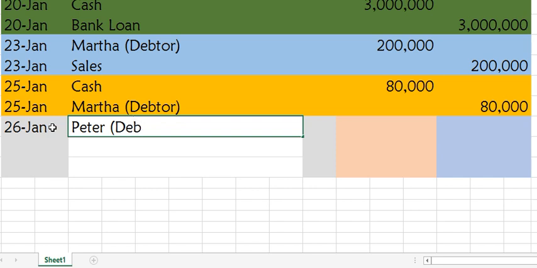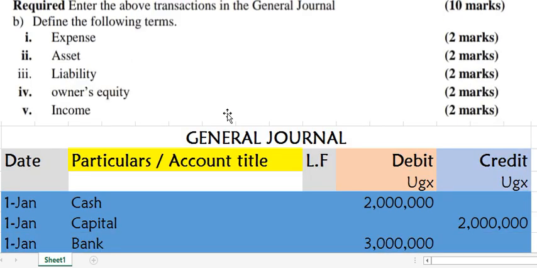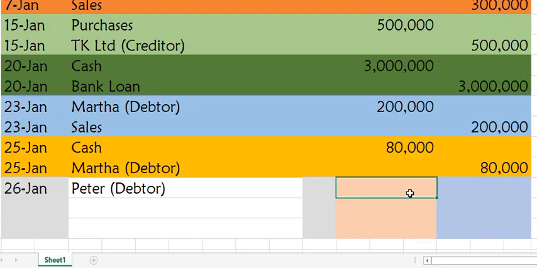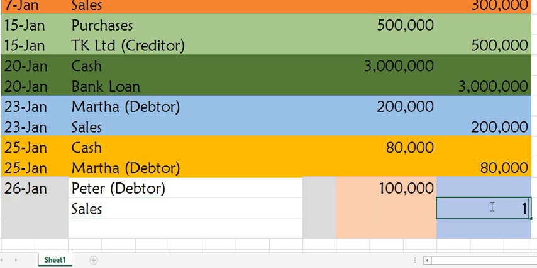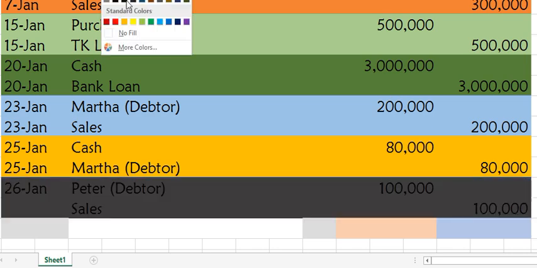The goods sold were worth 100,000. Since this is a sale, we shall credit our sales account with 100,000.